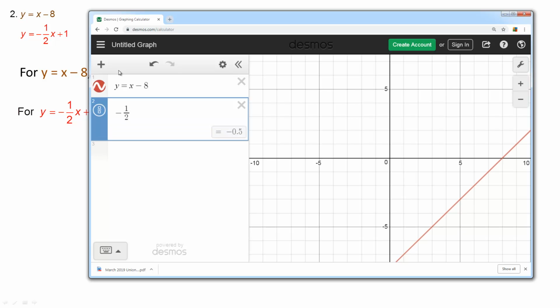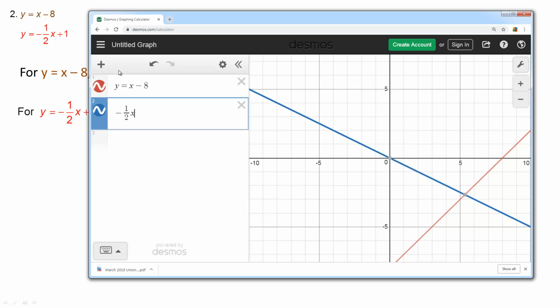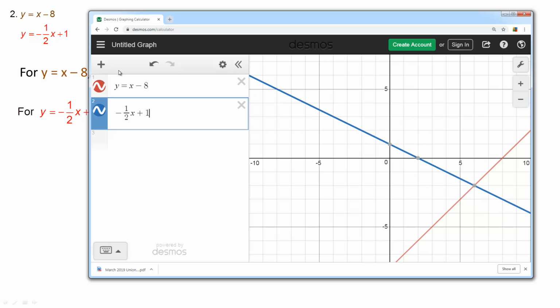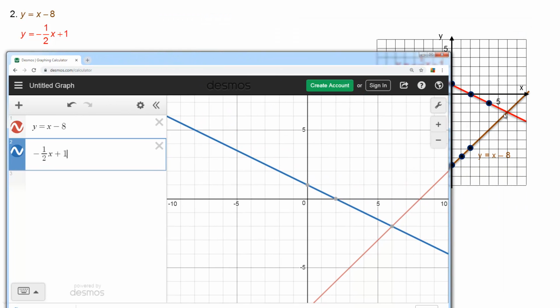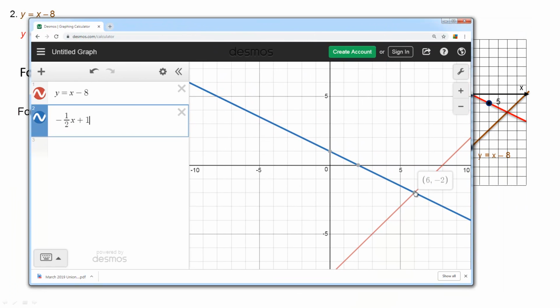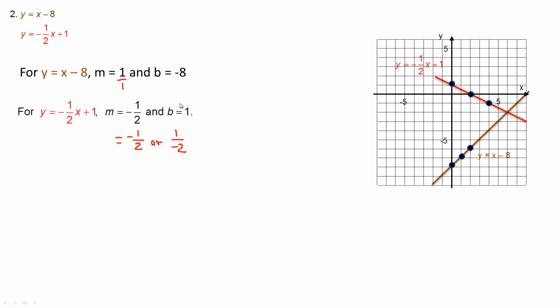I just use my arrow to move over here beside it, and I can type my x and then plus 1. And remember my solution here was 6, negative 2. So here's the point, 6, negative 2.